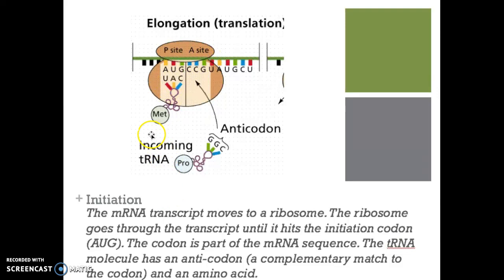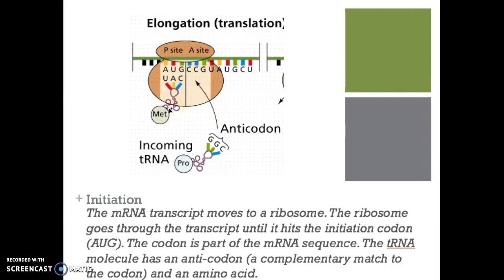From there, this tRNA molecule, this twisted bit of RNA that has three bases sticking down at the bottom of it, is going to match up. It's going to be complementary with the codon, the three-letter code on the mRNA transcript, AUG. Notice how U, A, and C are complementary to the AUG start. Along with that, it's going to bring this amino acid, which we're representing here as a circle labeled MET, which stands for methionine.